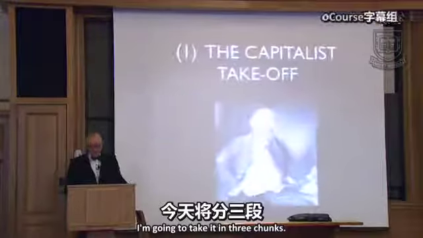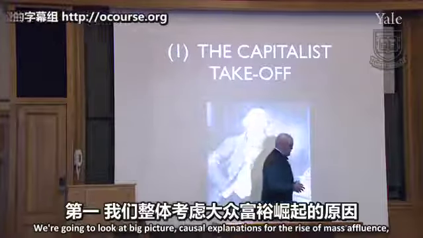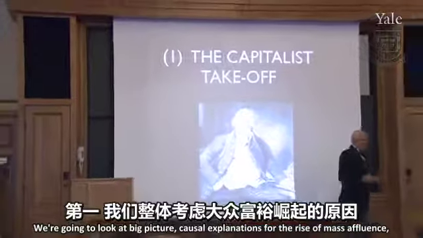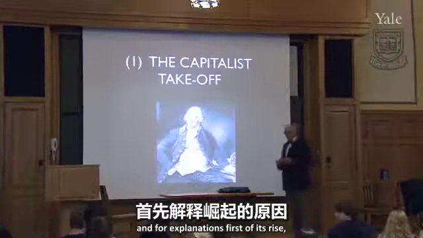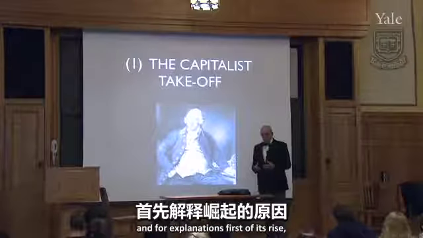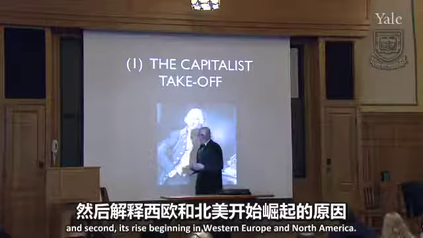I'm going to take it in three chunks. We're going to look at big picture causal explanations for the rise of mass affluence, first for its rise, and second for its rise beginning in Western Europe and North America.